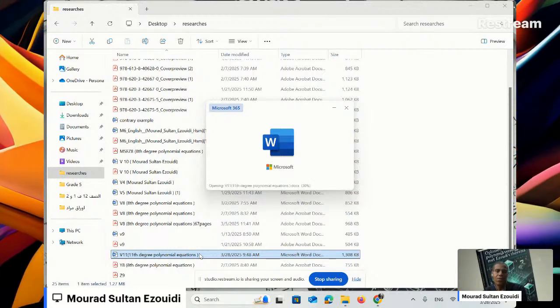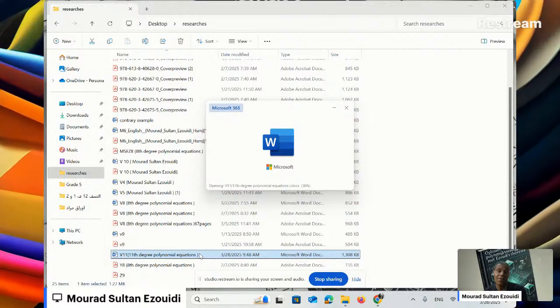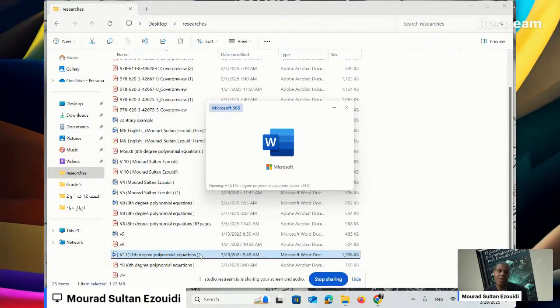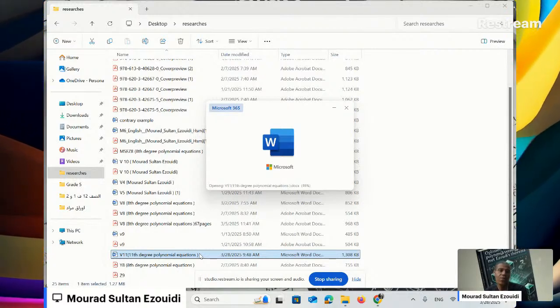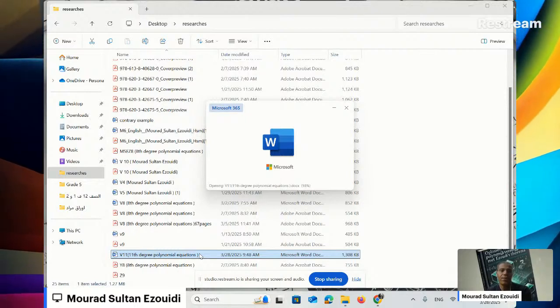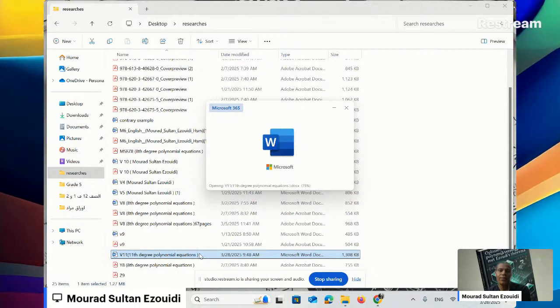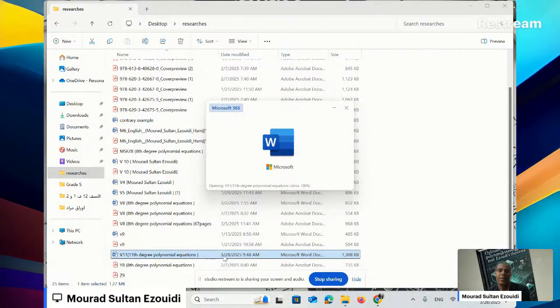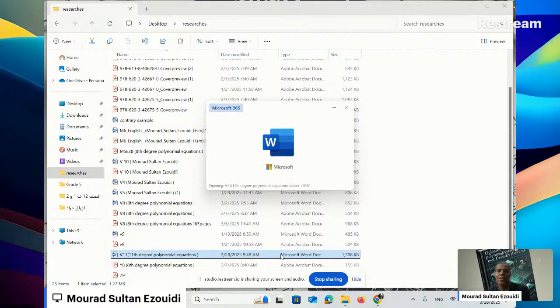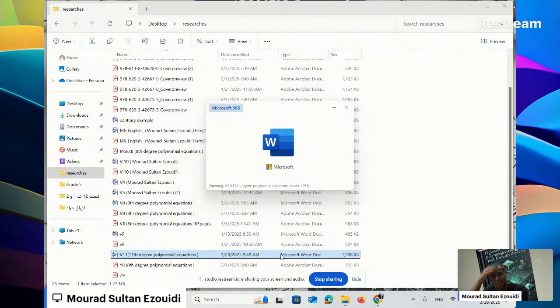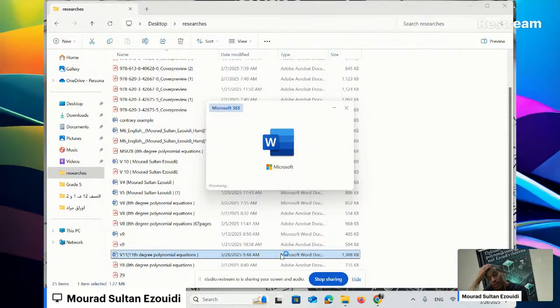I'm also using my scientific calculator so that I can calculate the coefficients of the new 11 degree equation relative to the original 11 degree equation. Okay, my kids, so let's start. Prepare yourself first, then we are going to start.